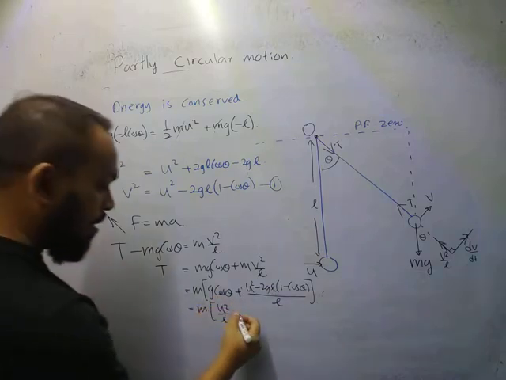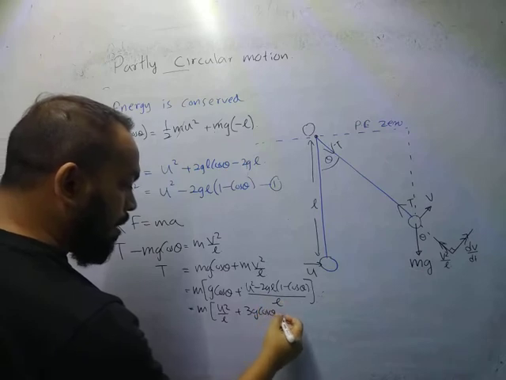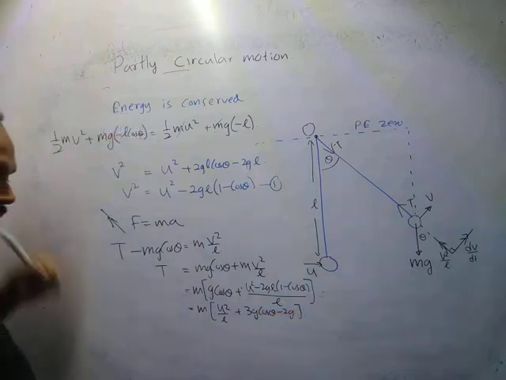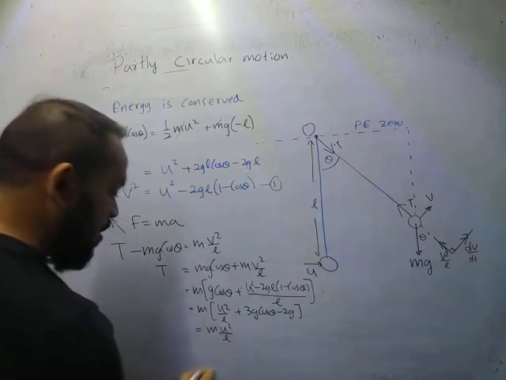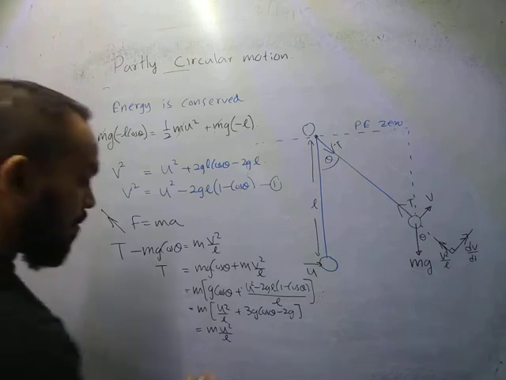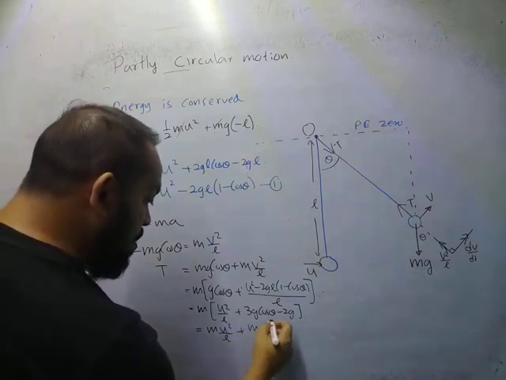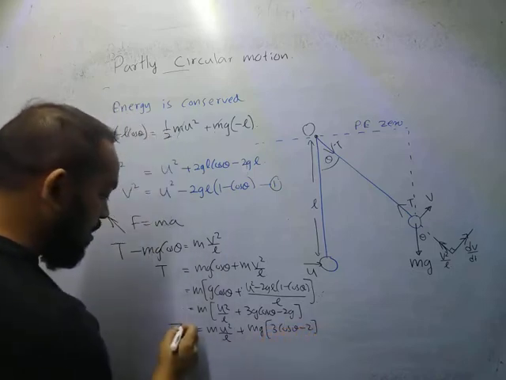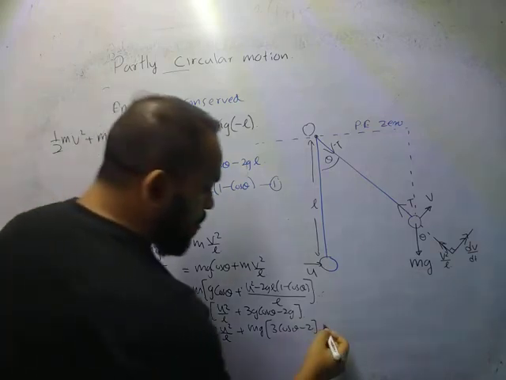We have g cos theta, that means 3g cos theta minus 2g. So let me rewrite this: m u squared over L, then plus, taking mg outside, 3 cos theta minus 2. So this is tension. This is equation 2.